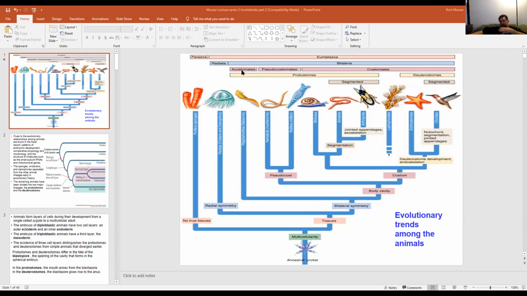So essentially their tissues are all just next to each other. Pseudocoelomates, you see different tissues, but they might not be separated very well with connective tissue. And then in coelomates, you have true cavities that are covered with linings that separate the two.